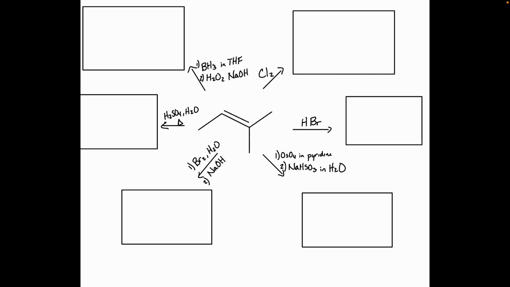Cool. All right, so everybody take a minute and see if you can fill in this reaction wheel here. We'll double check with our neighbor, make sure we're on the right track.